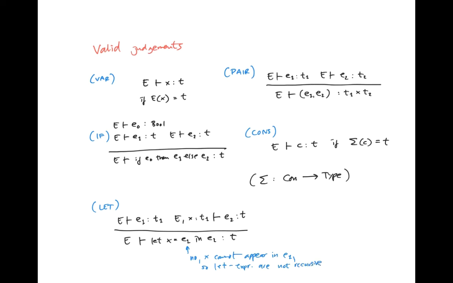Well, we can see this here, in fact. When we try to type E1, we notice that x is not mentioned in E. So, from the typing rule, we see that let expressions cannot be recursive. Well, they could be recursive, but then we cannot assign them a type. So we do not allow recursive let expressions in this type system.